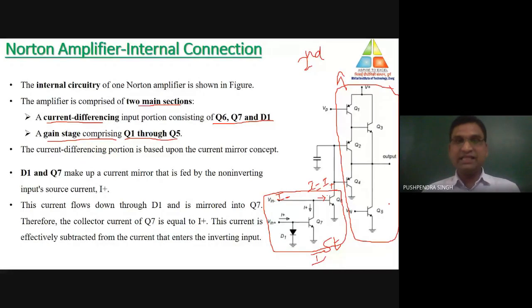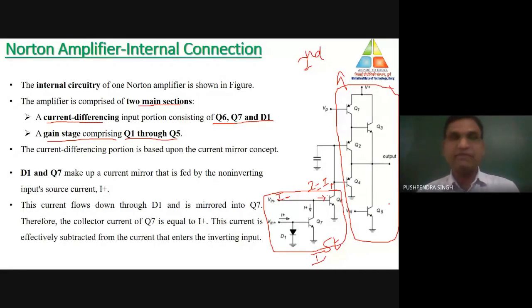As in case of the normal IC 741, as we have discussed earlier, the very first stage is a differential amplifier, which produces the difference of the input voltage. Similarly, here the first section is a current differencing amplifier, which produces the difference in current. Which section?